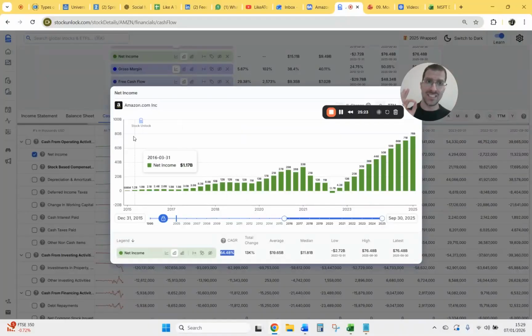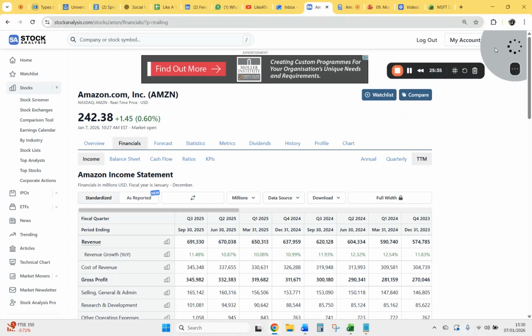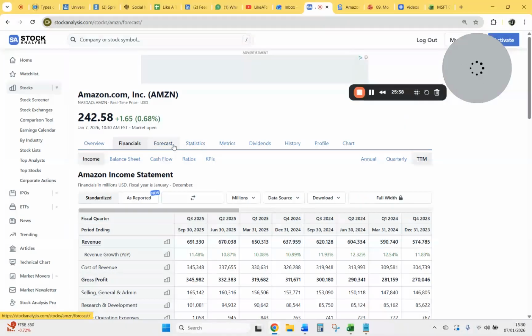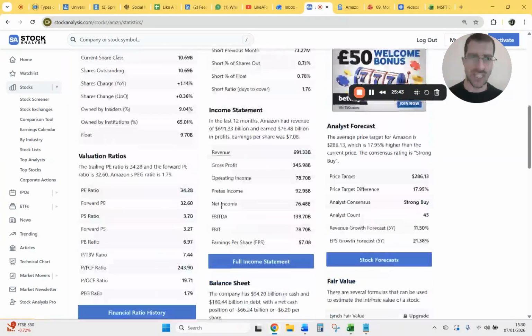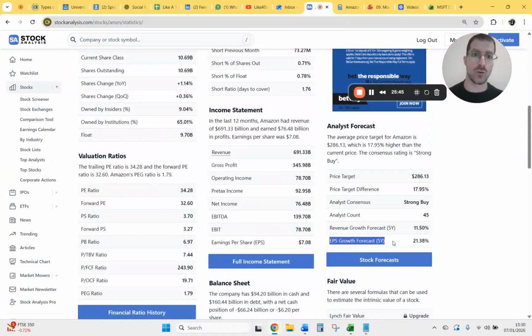But what I really like to use, for example, is to compare this with what analysts are projecting. And typically, I use the most conservative of those assumptions. So, for example, if I go here to Amazon, to forecasts, and to statistics, you can see the earnings per share growth forecast.